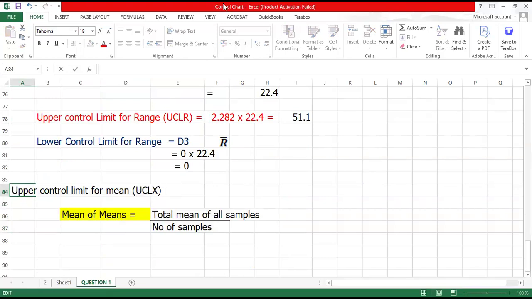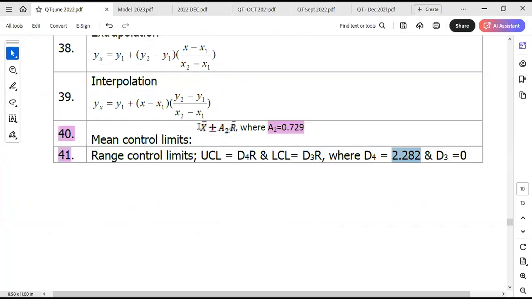Actually, even an examiner will give you the formula. This is the formula, mean control limits: X bar plus or minus A2 times R bar. You need to know that when you're dealing with upper control limit, you use a plus. Lower control limit, you use a minus. A2 is given.